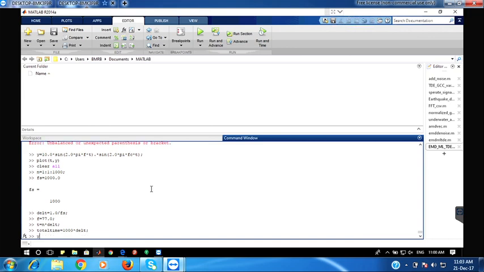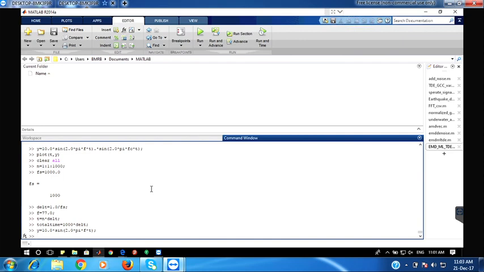So, y is equal to 10.0 star sine 2.0 star pi star f star t. They have all been defined beforehand.